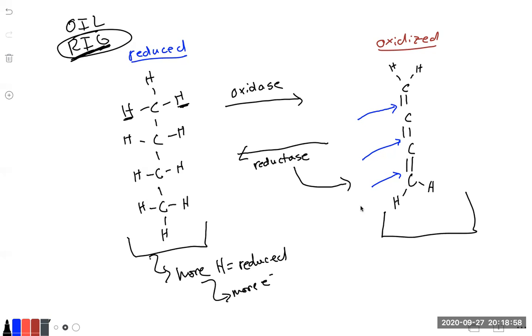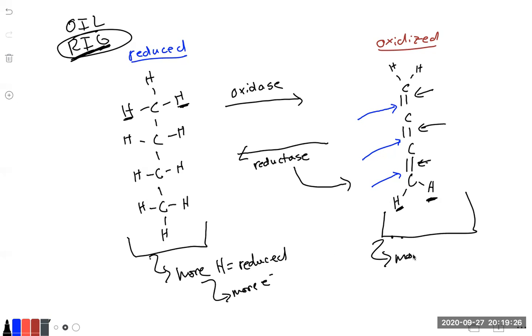So now, if you think of an oxidized hydrocarbon, if it asks if this is oxidized or reduced, well, let's see. Does it have electrons? Sure it does. But does it have double bonds? Absolutely. If it has double bonds, that's a pretty telltale sign that it is oxidized.